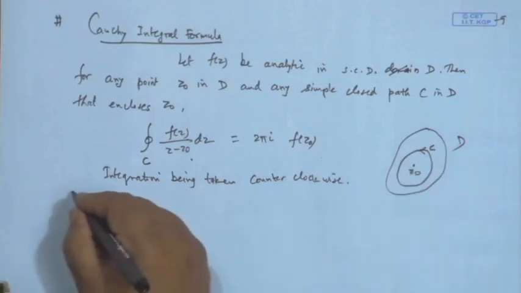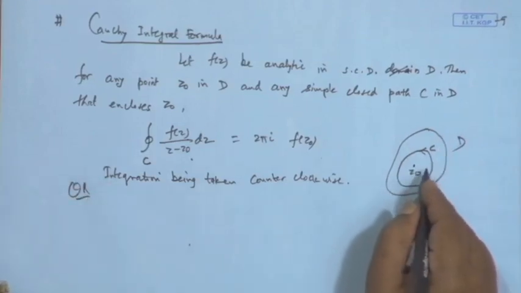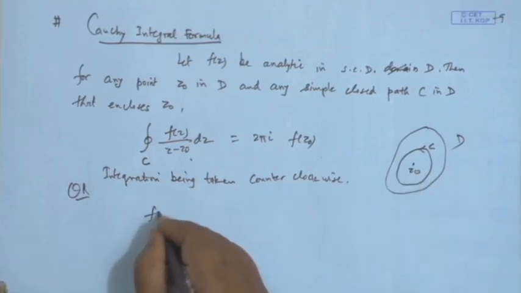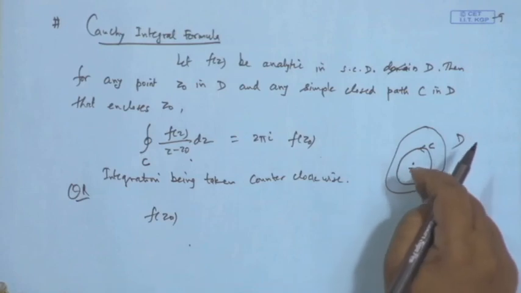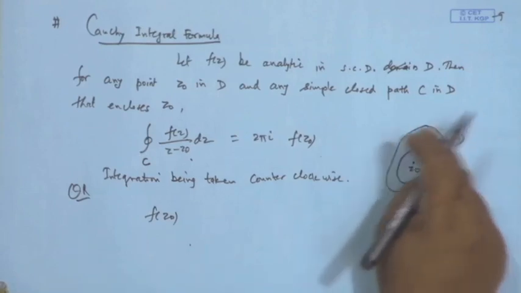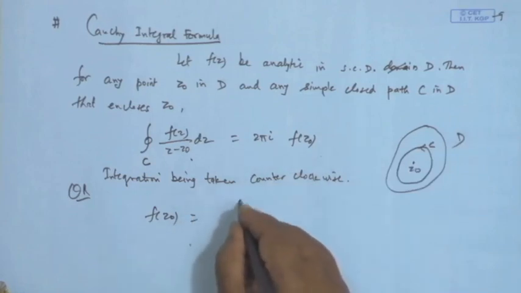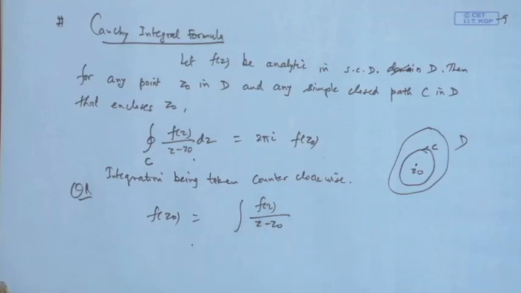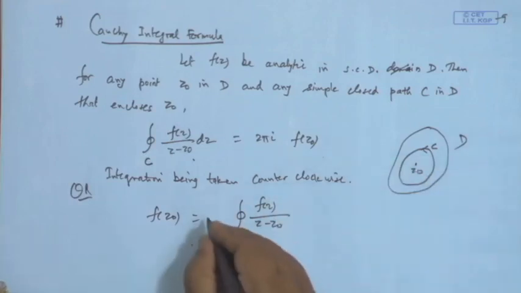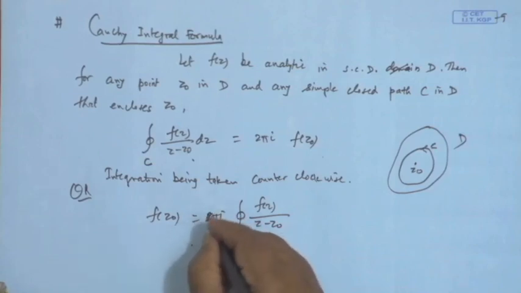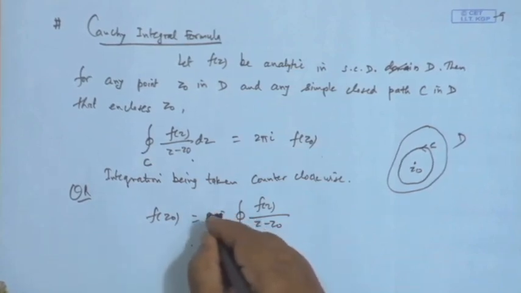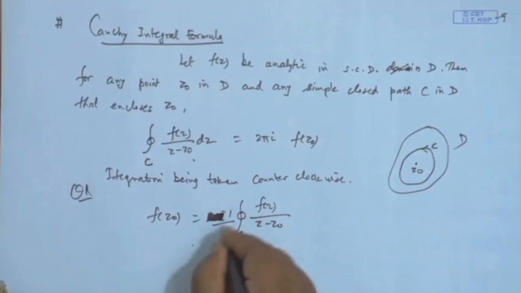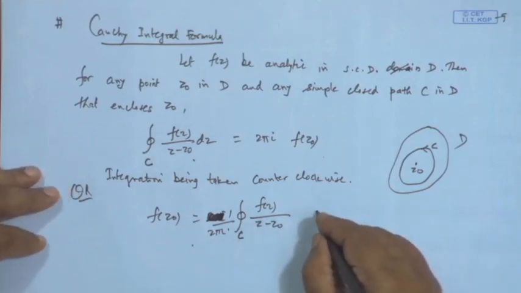In other words, if we are interested in finding the value of a function f at an arbitrary point z naught in a domain D where the function is analytic, then you simply calculate the integral of f z over z minus z naught along any simple closed curve C which encloses the point z naught, and divide this by 2 pi I. Then this will give the value of the function at the point z naught.